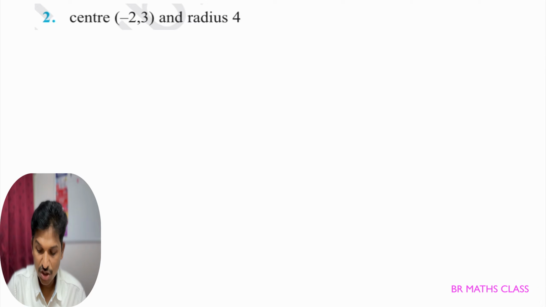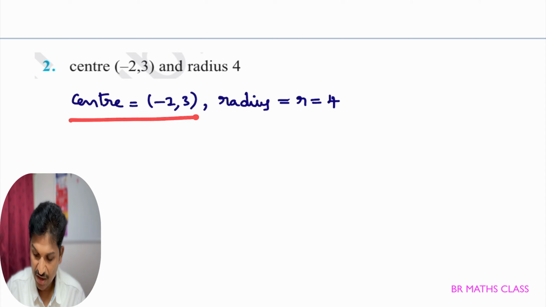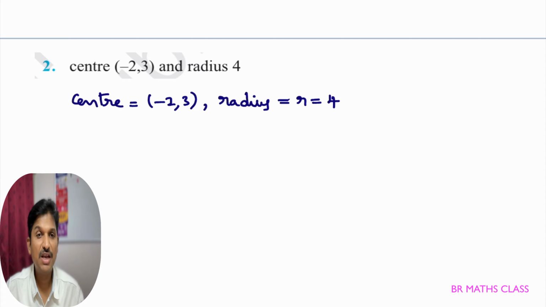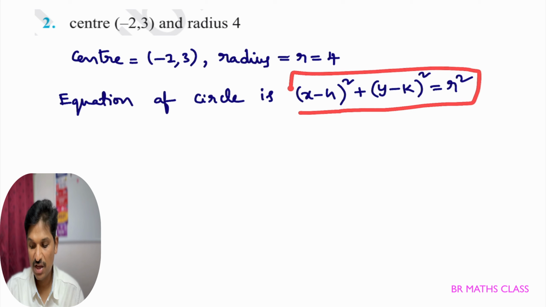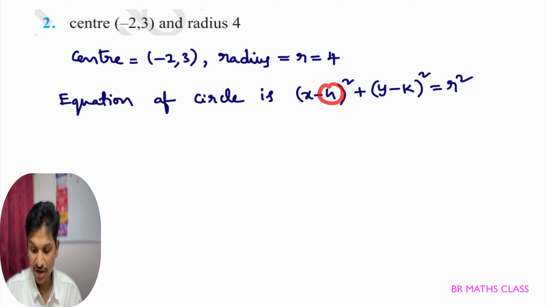Now you see question number 2, they give the center and radius. The center is minus 2, 3, radius is 4. When they give the center and radius, to calculate the equation of a circle, one and only one formula: x minus h whole square plus y minus k whole square equal to r square, right? In this, in place of h you write minus 2, in place of k you write 3.